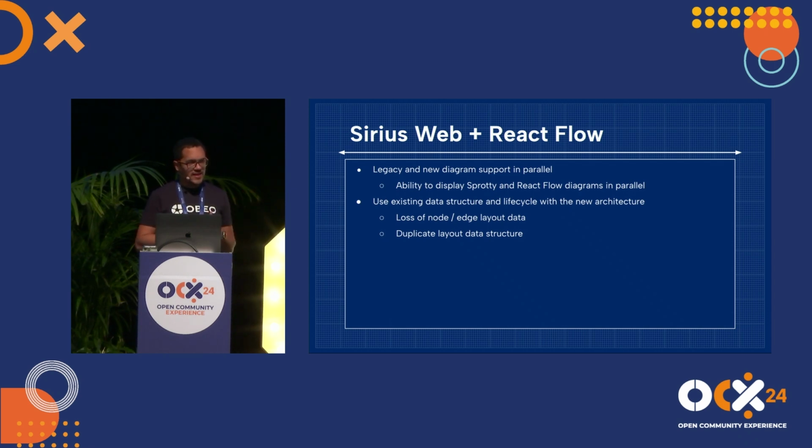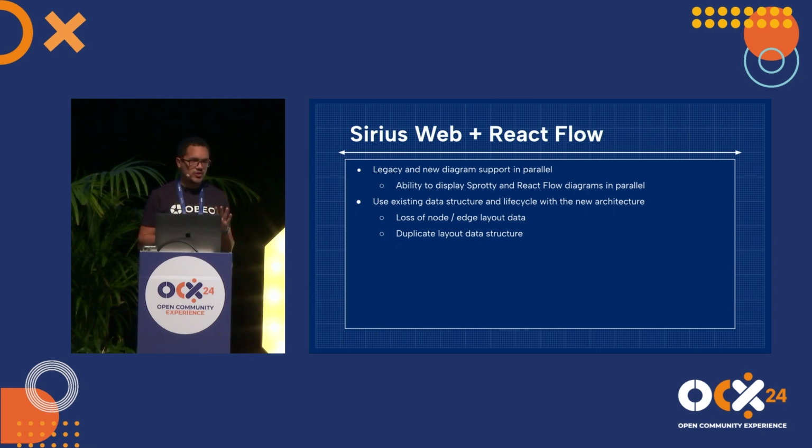We tried at the beginning to reuse as much as possible our data structure, and especially the layout data structure, but it proved to be a bit cumbersome with the React Flow part.